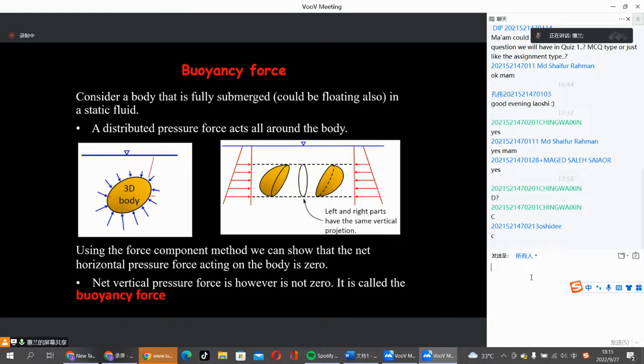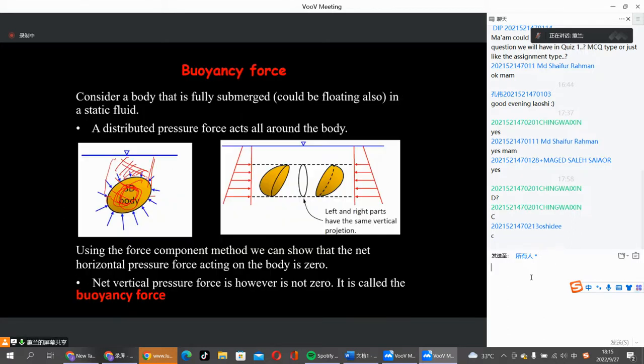The pressure volume should be this, right? It's a true pressure volume, and for the lower half it will be this part, right? It's empty, and then the upper half cancels out. We found that the vertical force is equal to the fluid volume of this 3D body, right?